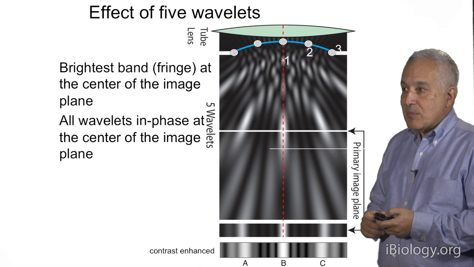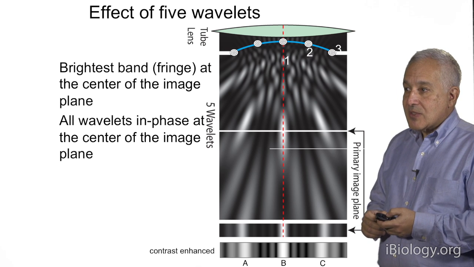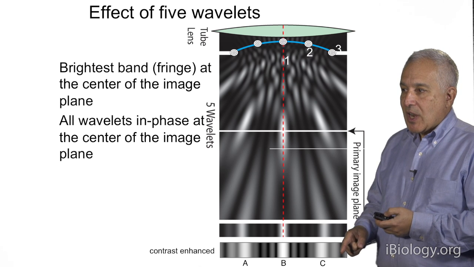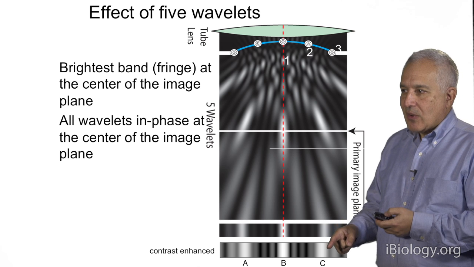Everywhere else, some interference in a negative way is destroying the intensity, and all wavelengths are in phase at the center of the image plane, and so that is the brightest area. And you can see as you add more and more contrast enhancement, besides these 3 bright islands, there are lots of little side lobes that are dimmer.